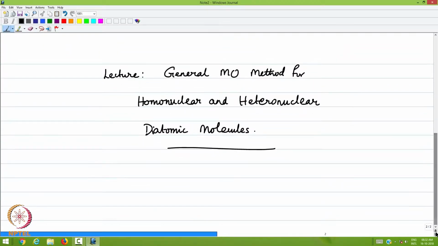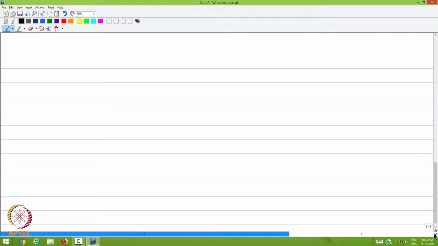Now, before we start, let us recap a little bit on the hydrogen molecule that we had studied so far. The wave function for the hydrogen molecule is constructed, the molecular orbital is constructed, using one of two methods, namely the molecular orbital method as a linear combination of atomic orbitals, or the valence bond method.